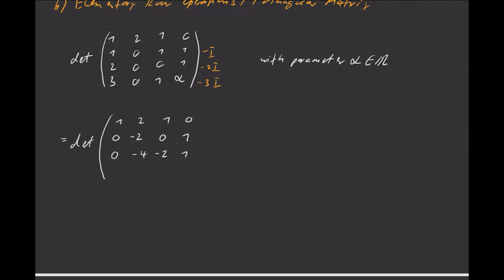And finally, for the fourth row, I subtract 3 times this row. So I'm subtracting 3 from the first entry, that yields 0. I'm subtracting 6 from that second entry, so I get a minus 6 here. I'm subtracting 3 from this entry here, so that's a minus 2.